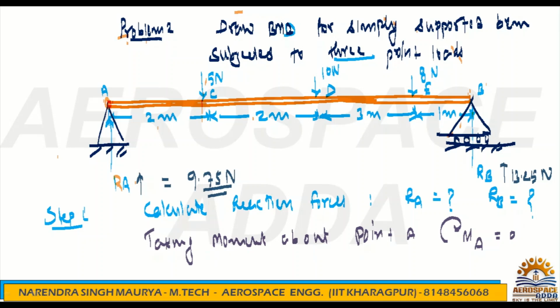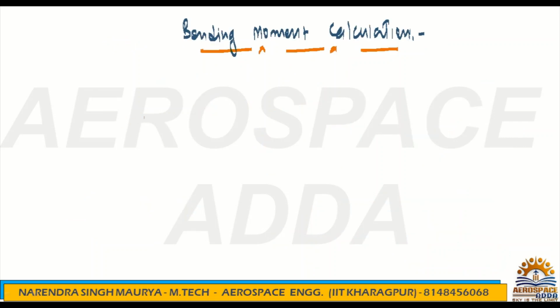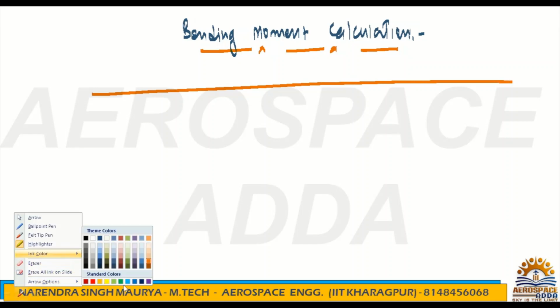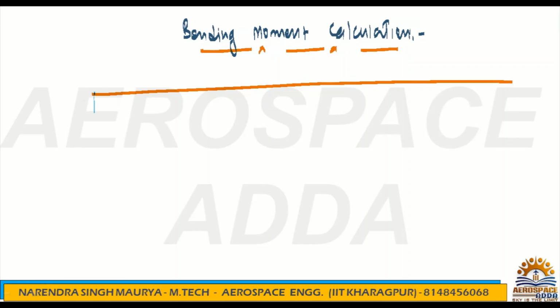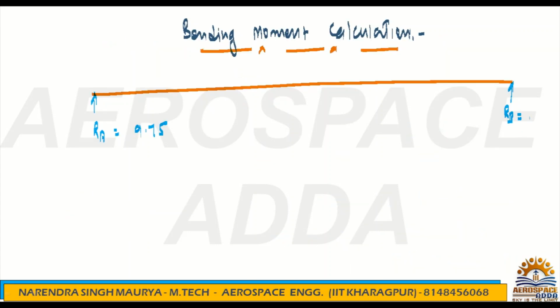Now, better I will draw the beam here. The beam will be something like this. RA is nothing but 9.75 Newton, and this is RB, which is 13.25 Newton.